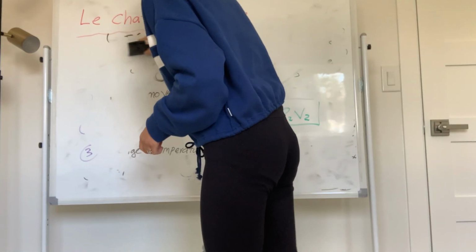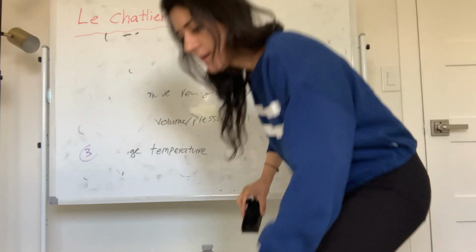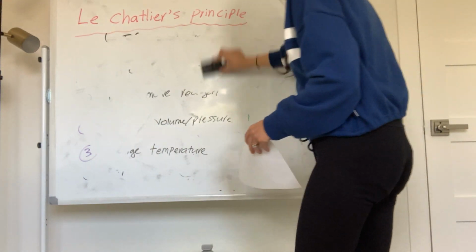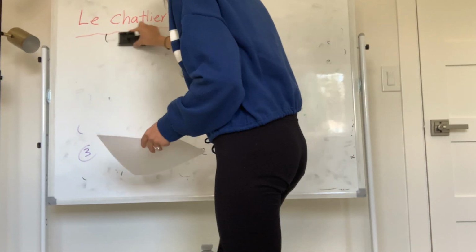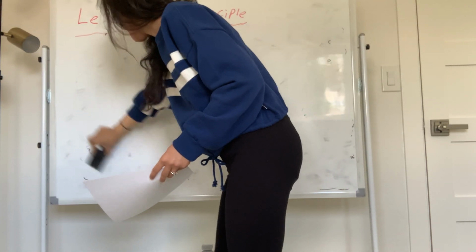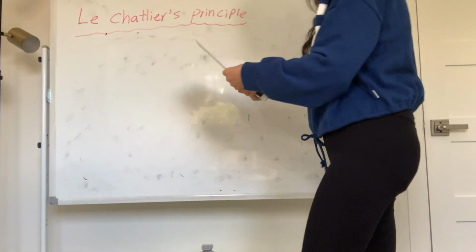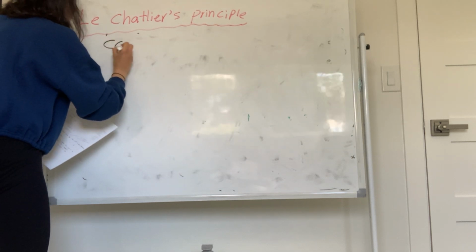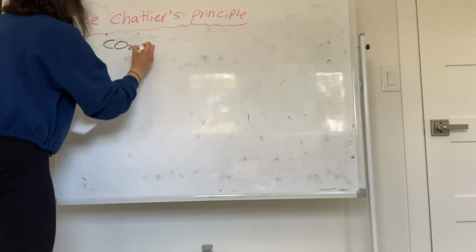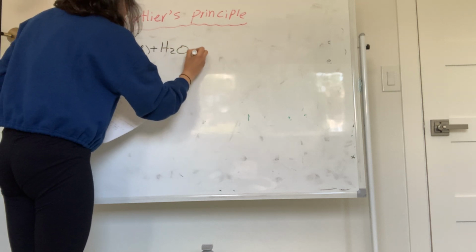So here is my practice problem. I'm going to put up a reaction, and then I'm going to ask you a bunch of questions. I want to add different stresses to the system, and we're going to go over what would happen. So here is my reaction. I have carbon dioxide gas plus H2O water.